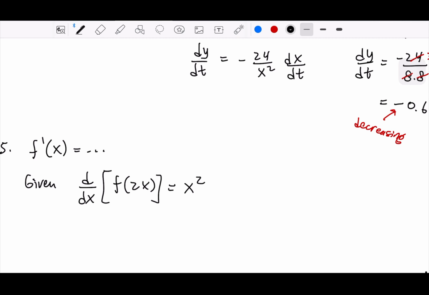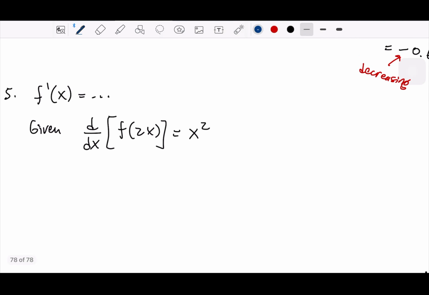So we could write this as usual. Let me use a different color. Well, you could think of it maybe just like usual x, but if you have x, it's not really a good example. But for any other function, if we remember how the chain rule works, this is the chain rule. So we are going to have f prime of 2x multiplied by the chain rule, with 2x derived being 2.